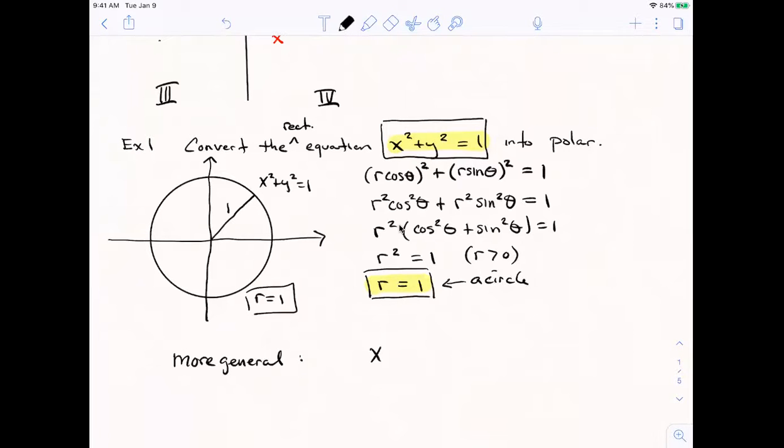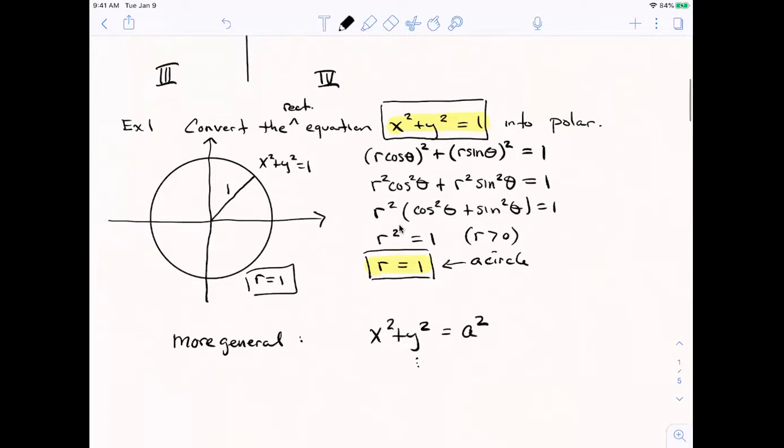If you take the equation x squared plus y squared is, say, equal to a squared, then I'll leave the algebra to you. But if you do the same things and use the same trigonometric identity, you're going to come down to the equation r equals a. So this is a circle, also centered at the pole, centered at the origin, but it's a circle of radius a.